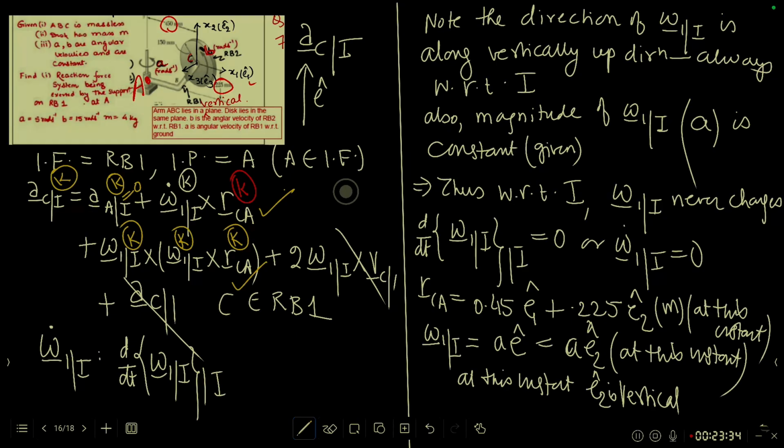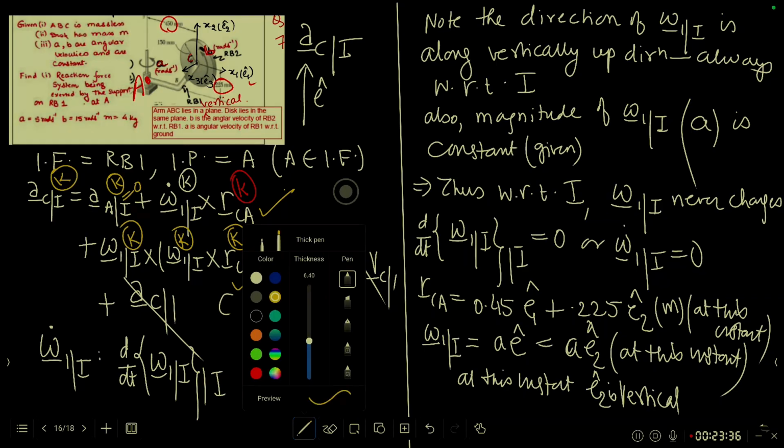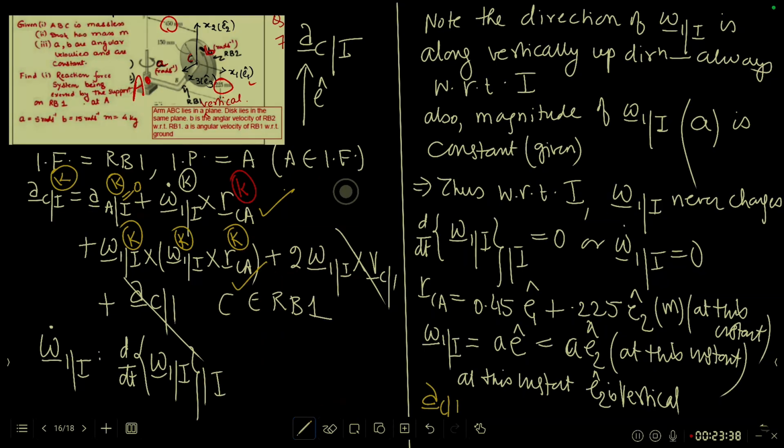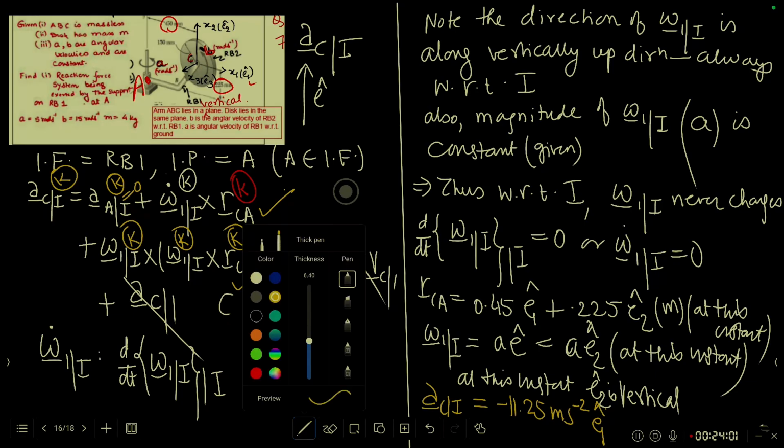ACI according to me turns out to be minus 11.25 meters per second square along E1.